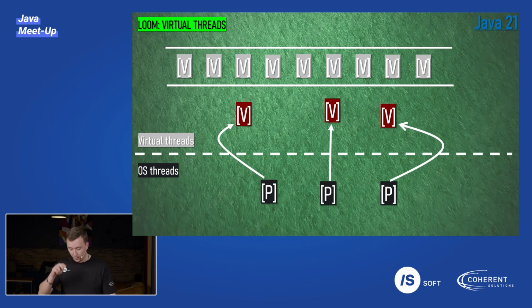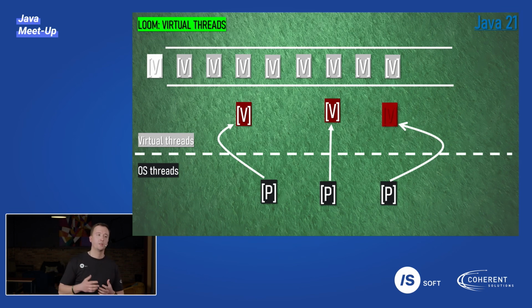For example, when we call some external endpoint over the network, until we are waiting for the response, we can put this task at the end of the queue and get another task from the start of the queue. It can work, but it doesn't work in an optimal way.